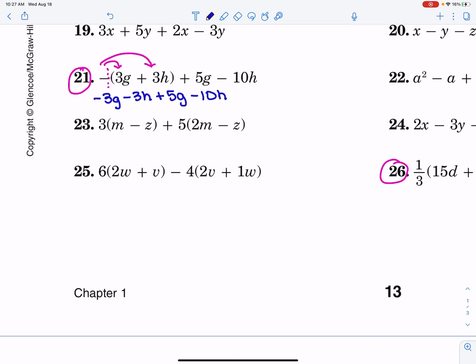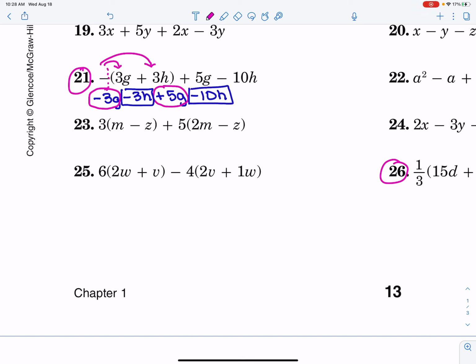Now what we're going to do is circle the signs in all the terms that have a g and box all the ones that have an h. So let's circle -3g and positive 5g and box -3h and -10h.